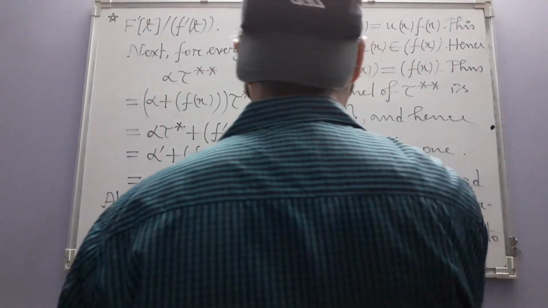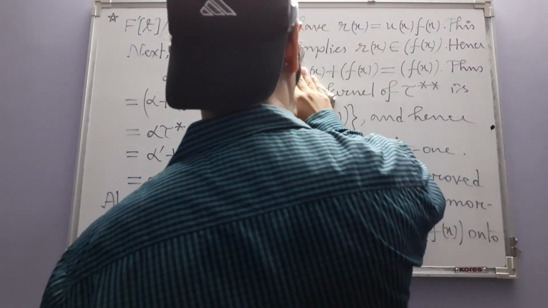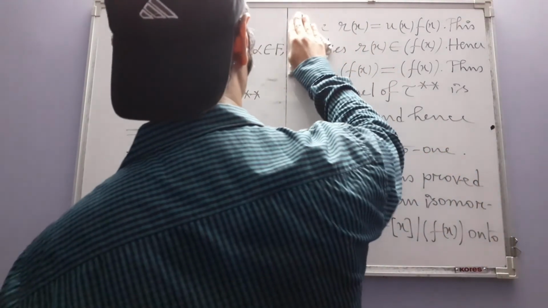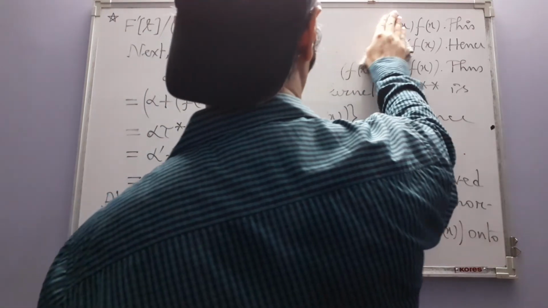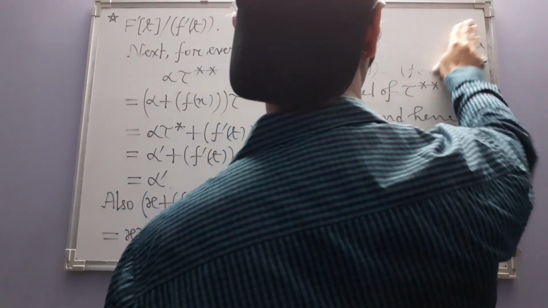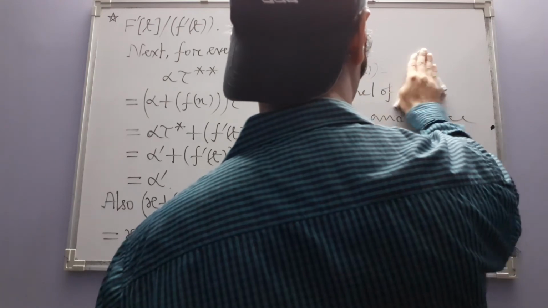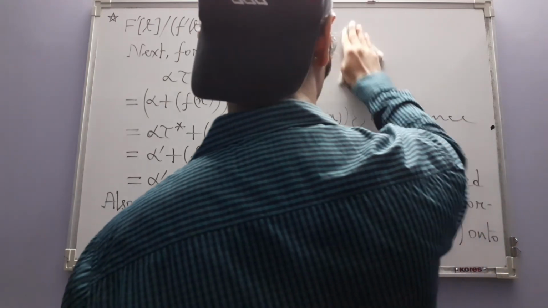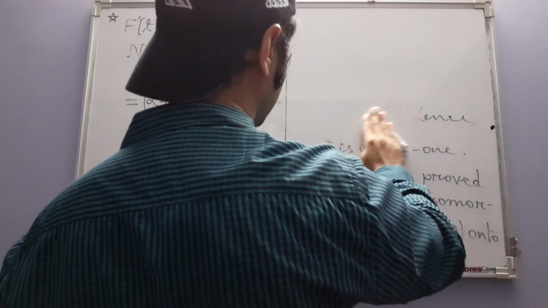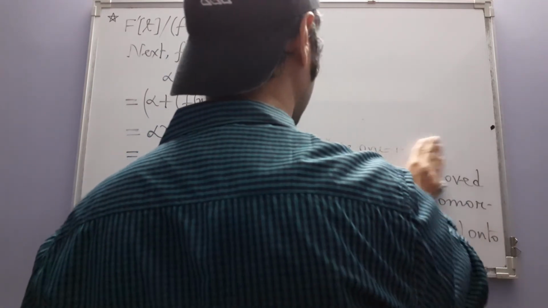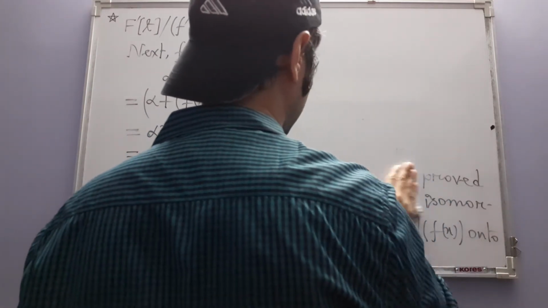What does tau star do? It replaces the given polynomial, I mean the indeterminate x, with t, and all the coefficients with their images under that original isomorphism tau.